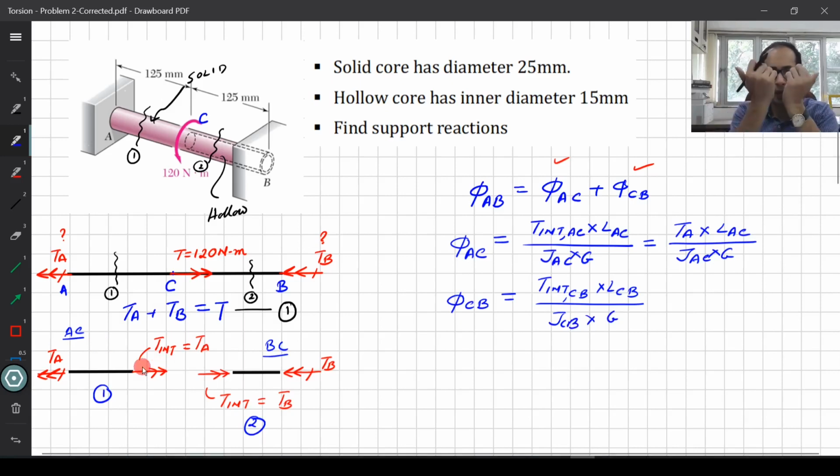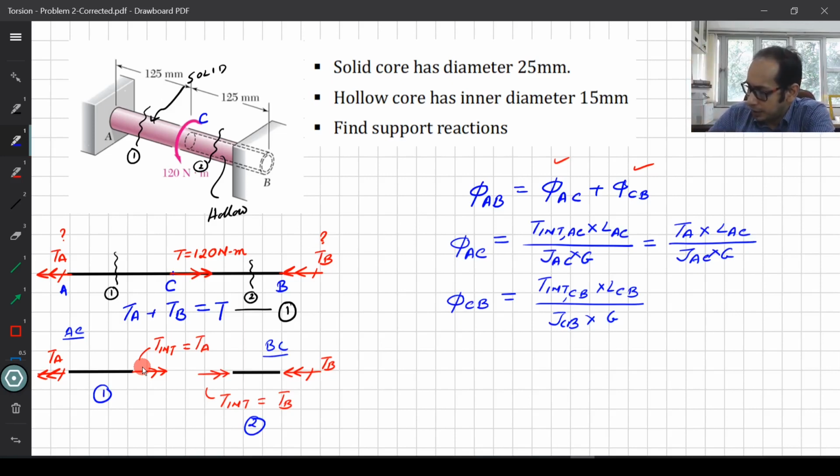TA was pointing outwards, whereas TB, the T internal in this section, is pointing inwards. As is customary, remember for axial loading, when the forces were pointing outwards, the tension was positive, inwards it was negative. When we mark torques as well, torques pointing outwards are typically marked positive. If it's pointing inwards, the torque and the corresponding phi become negative. It is analogous to tensile and compressive.